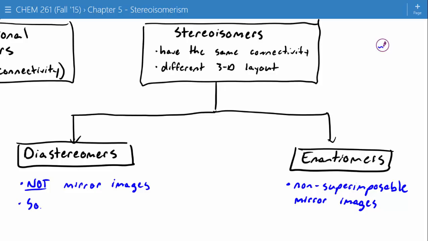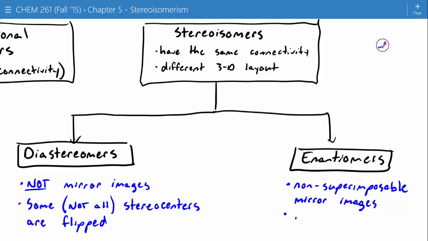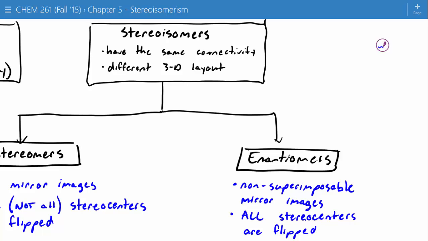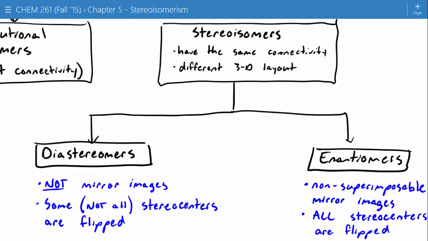And then we could say that some, but not all, stereocenters are flips. Versus enantiomers, where all stereocenters are flipped. Okay, so now we can subdivide our stereoisomers into diastereomers and enantiomers.